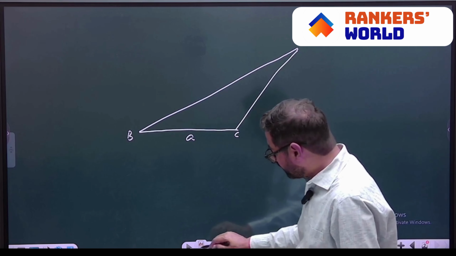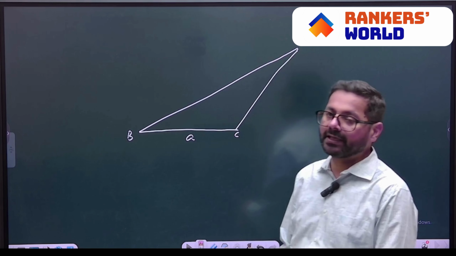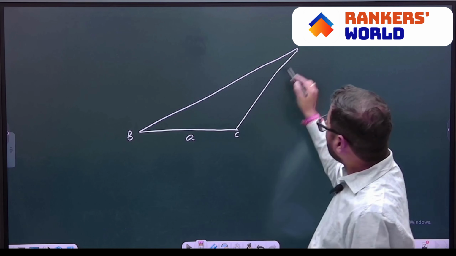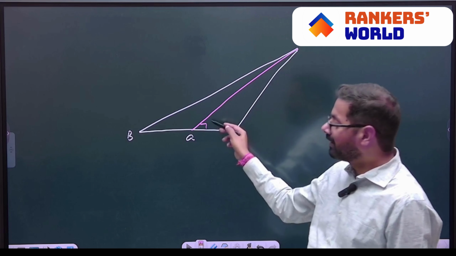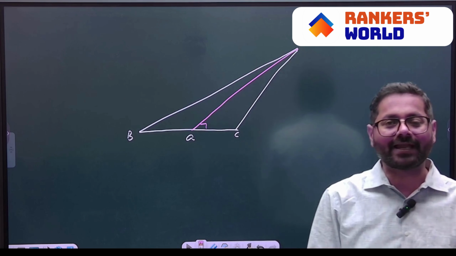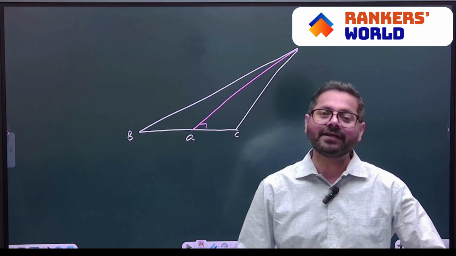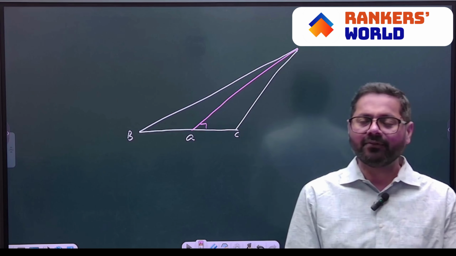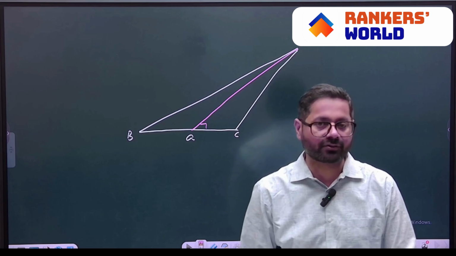It is very clear I can draw a perpendicular from A to BC. I may draw the diagram like this or like that, but 90 must be 90, it cannot be 60 if you are drawing a 90-degree angle. It is important that whenever we have a question, you draw a diagram that is as close as possible to the angle provided in the question.